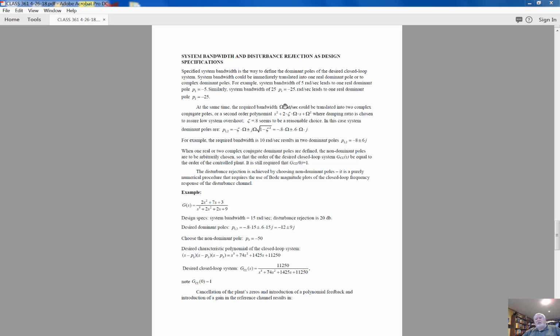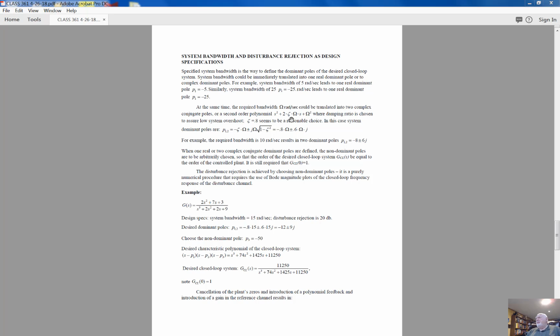If required system bandwidth is omega radians per second, read the stuff, but the bottom line is this. You want your system to behave as a second-order system with natural frequency equal to this omega, or equal to the bandwidth, and with damping ratio equal to 0.8, 0.85.